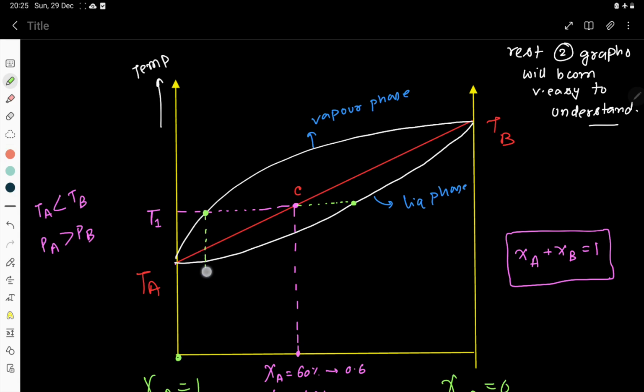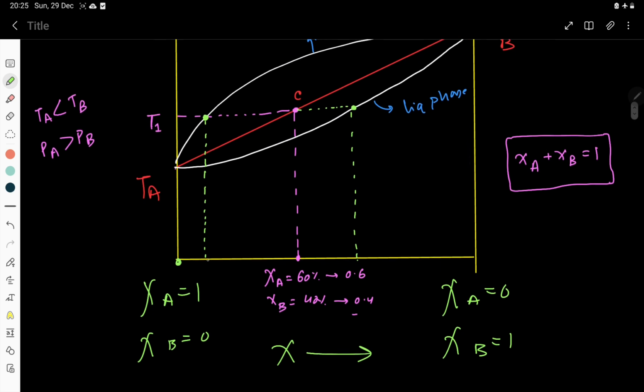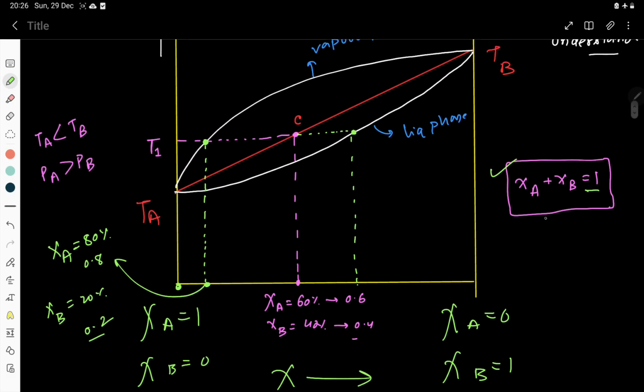Now let the composition in the vapor phase at this temperature be xa equal to 80% or 0.8, and xb equal to 20% or 0.2, because we know the relation xa plus xb equal to 1. If xa equals 0.8, xb should be 0.2.